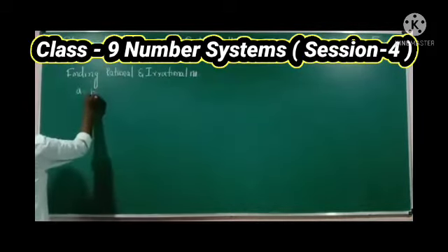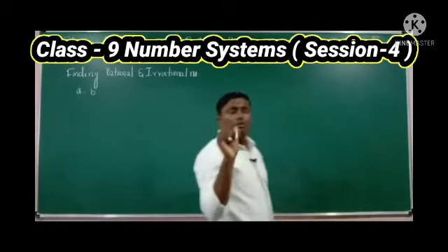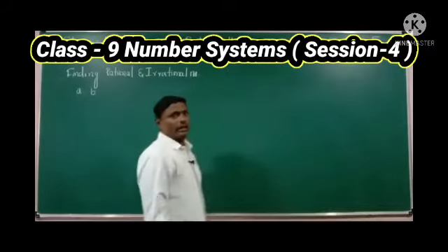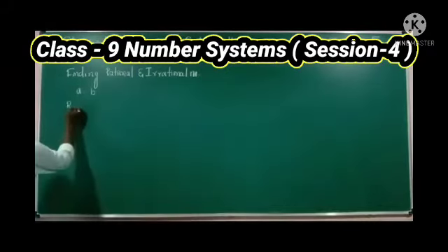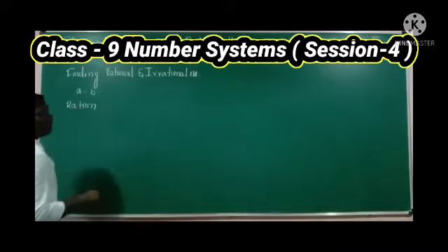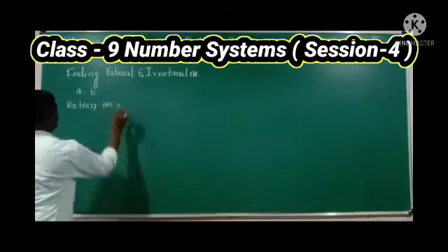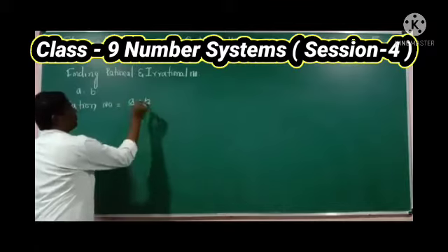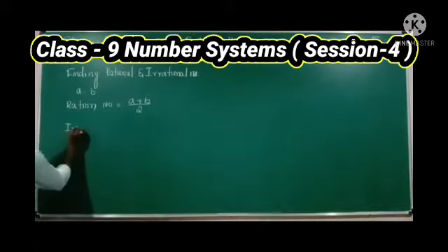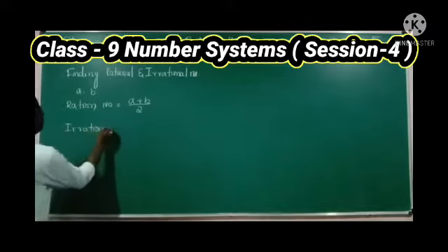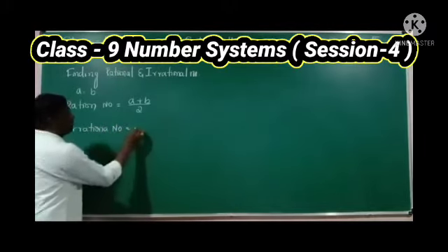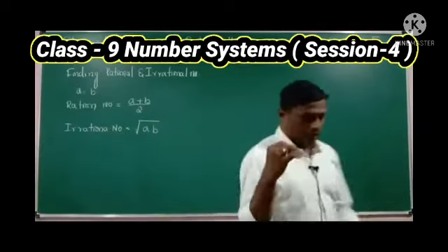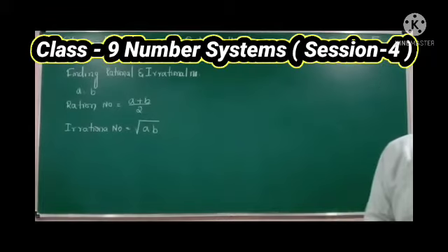If A and B are positive integers and the product of A and B is not a perfect square, then the rational number is equal to A plus B divided by 2, and the irrational number is equal to the square root of A into B. We use these two formulas to find rational numbers and irrational numbers.